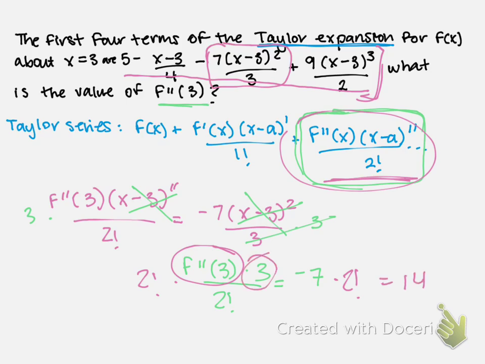And then this 3, divide it on both sides, and we would have 14 over 3. But don't forget that this was originally a negative 7, and we multiplied negative 7 with a 2. So the answer would be negative 14 over 3. And that's how we do this problem.